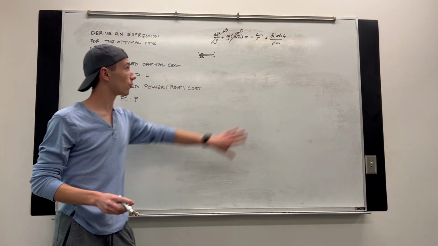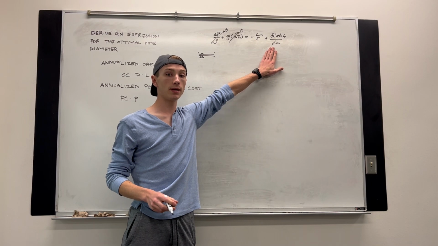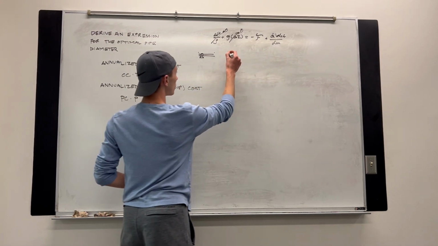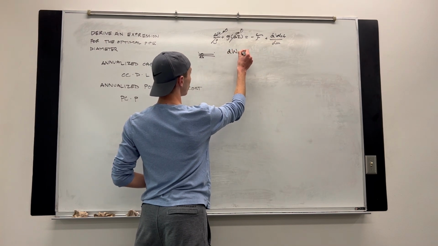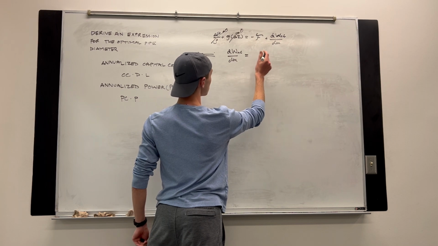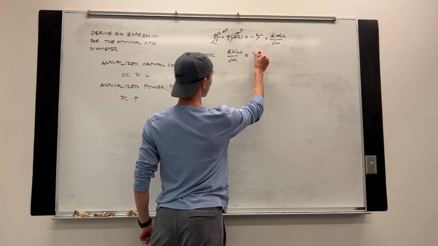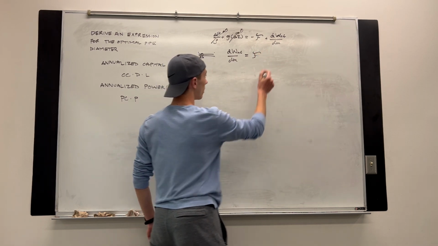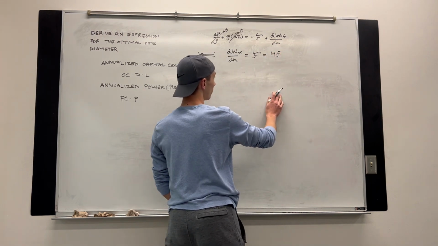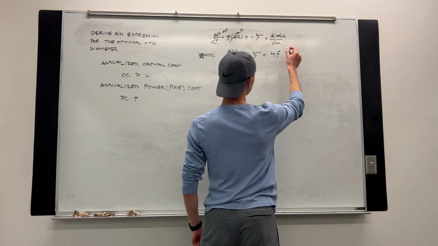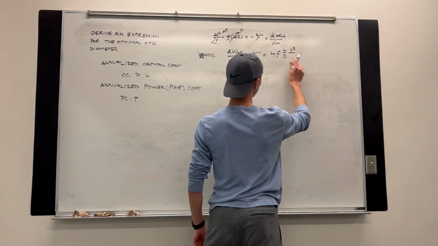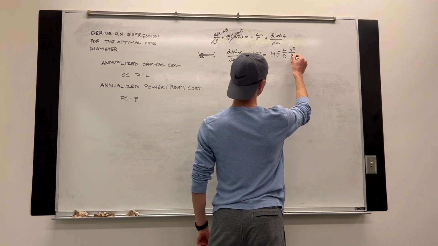So really all the work being put in by the pump is just counteracting the frictional heating. And so we get this expression: non-flow work is equal and opposite to frictional heating, which we already said was equal to 4 times the Fanning friction factor times L over D, V squared over 2.